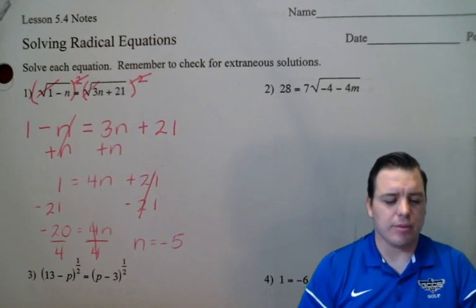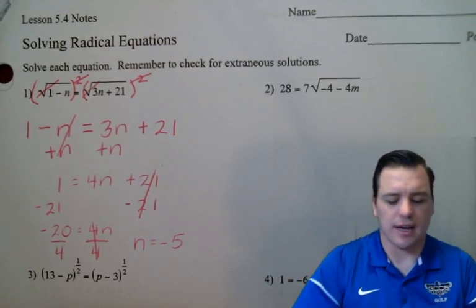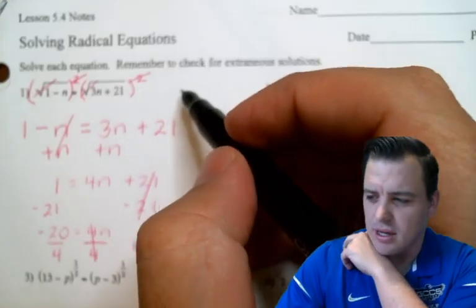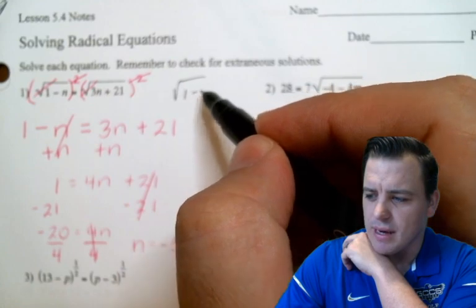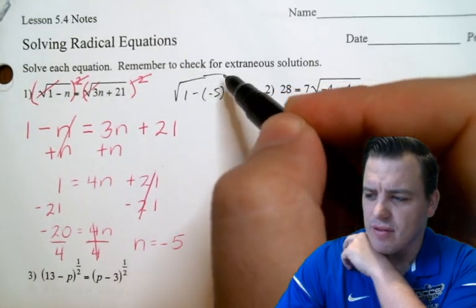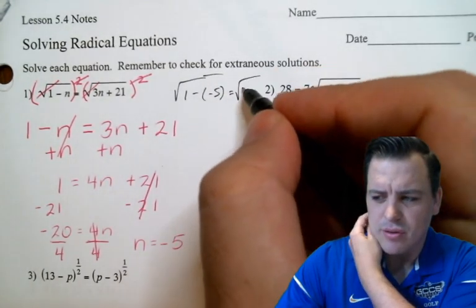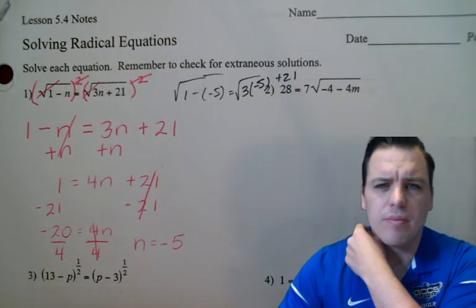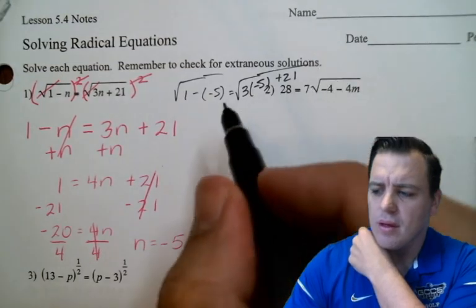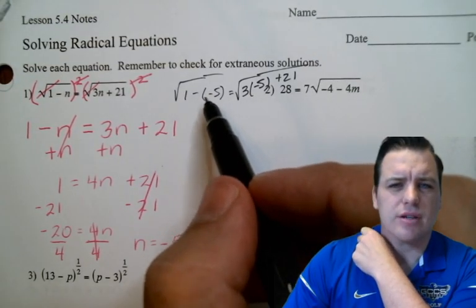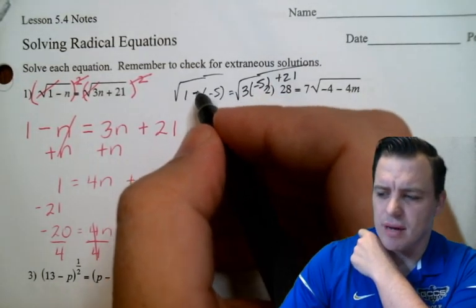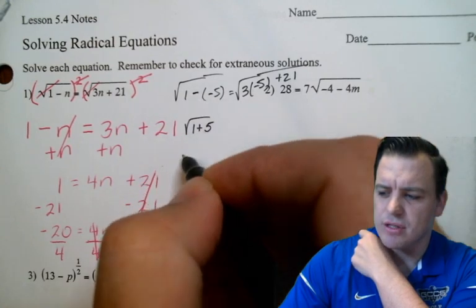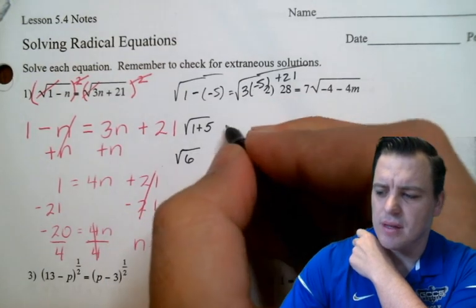Now it says to remember to check for extraneous solutions, guys. What that means is we have to plug it back in and make sure it does work. So the square root of 1 minus negative 5 is equal to the square root of 3 times negative 5 plus 21. That minus minus turns into a plus, so the square root of 1 plus 5, which is the square root of 6.